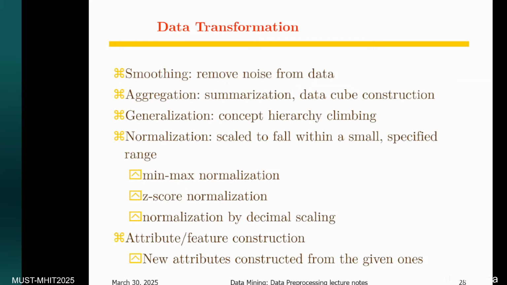Now, apart from smoothing by, say for example, using cluster analysis or the regression line, data may have noise that relates to data that is poorly distributed. Poorly distributed data would have negative values.